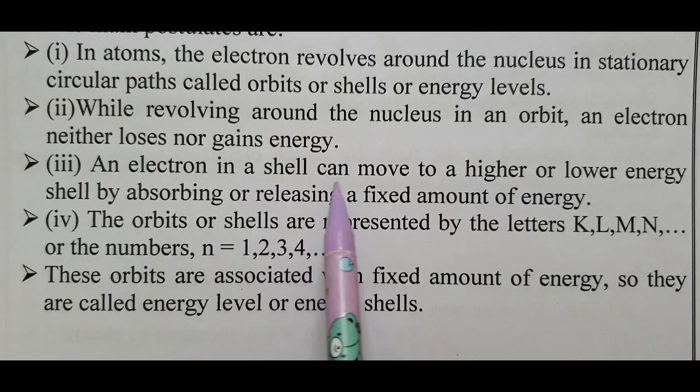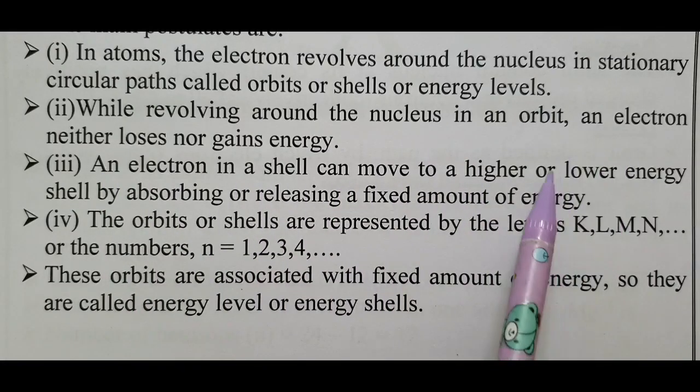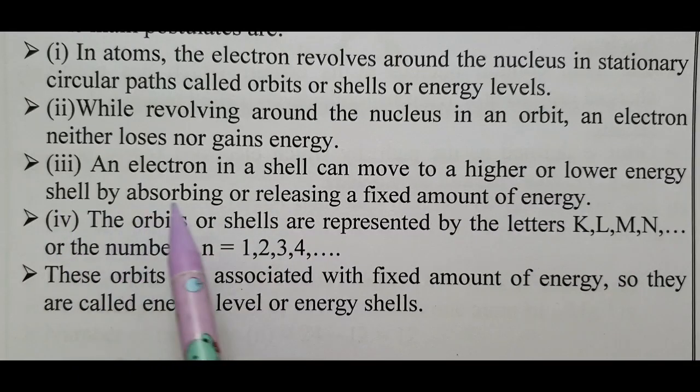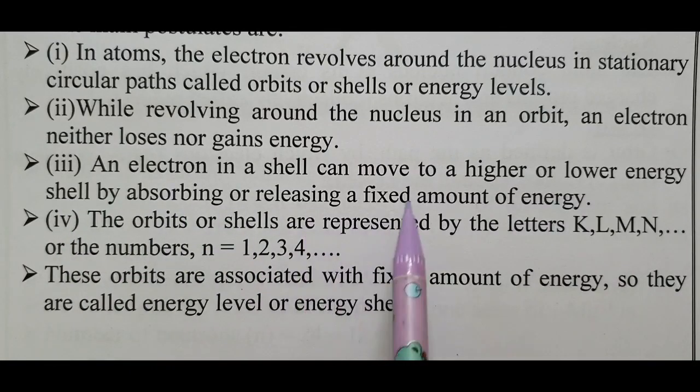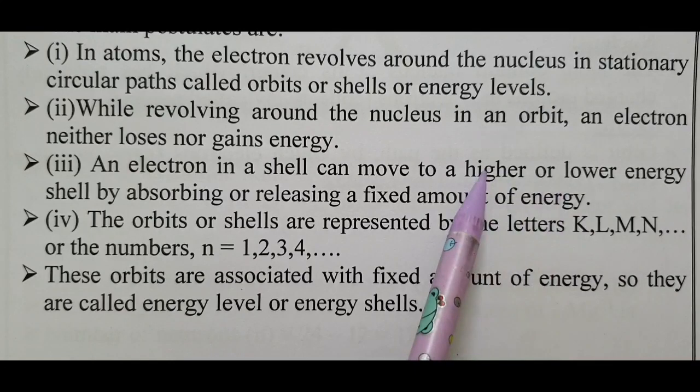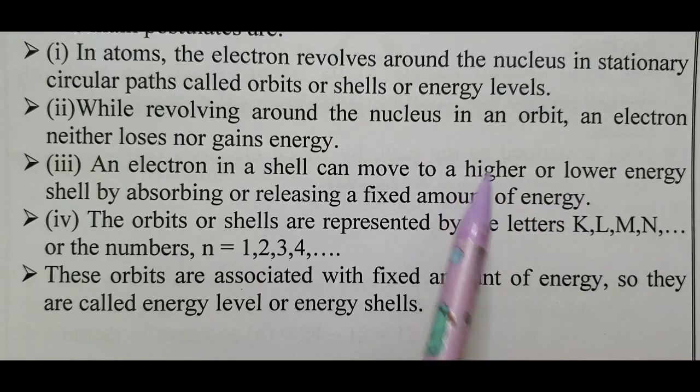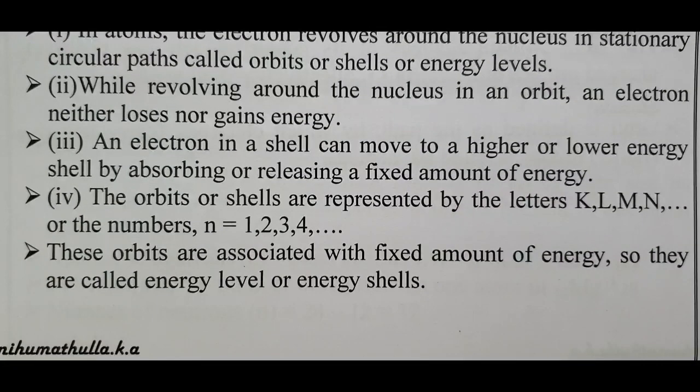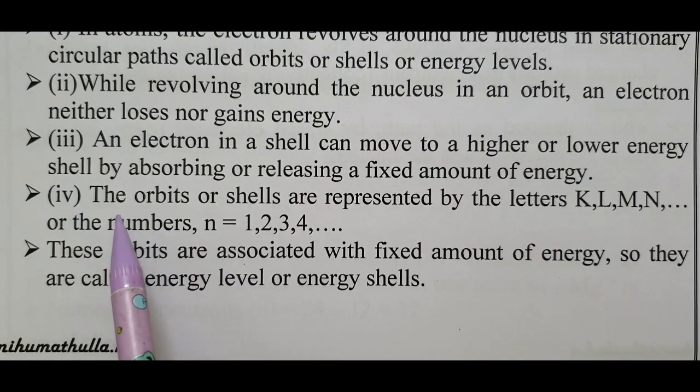An electron in a shell can move to a higher or lower energy shell by absorbing or releasing a fixed amount of energy. When it moves from lower energy to higher energy, it absorbs energy. When it moves from higher energy to lower energy, it emits energy.